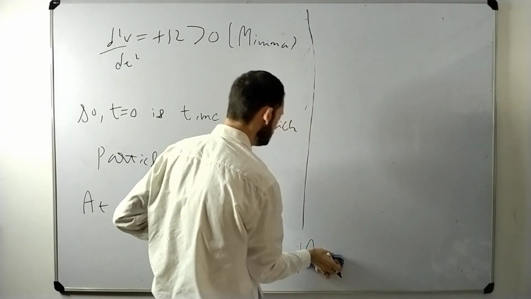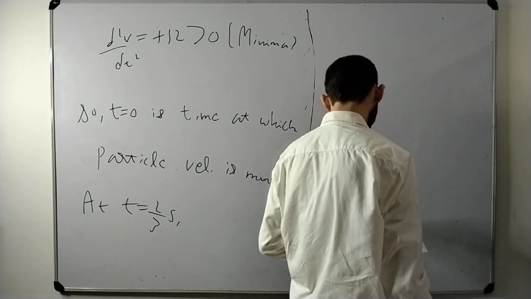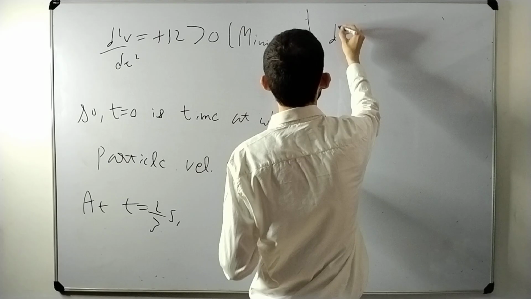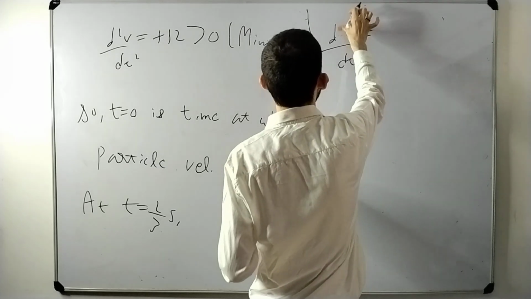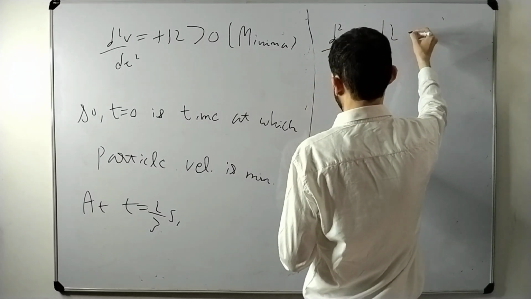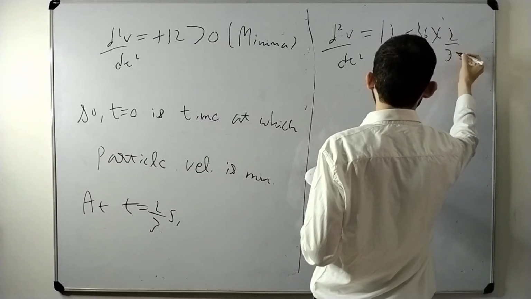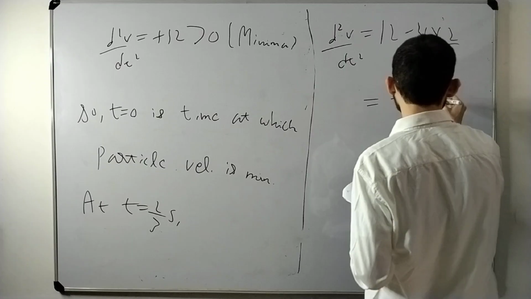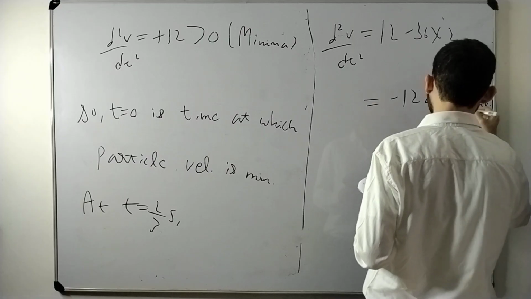What I want to do here is teach you the general method. d²v/dt² is 12 minus 36 times 2/3, which is minus 12, smaller than 0, and this is maxima. Hence it is a maximum.